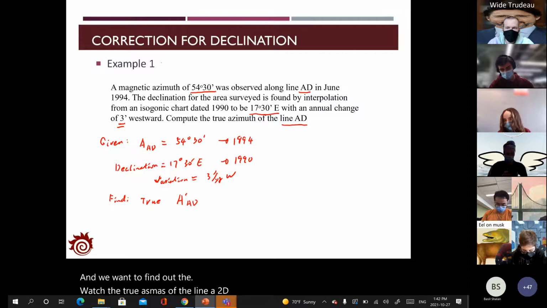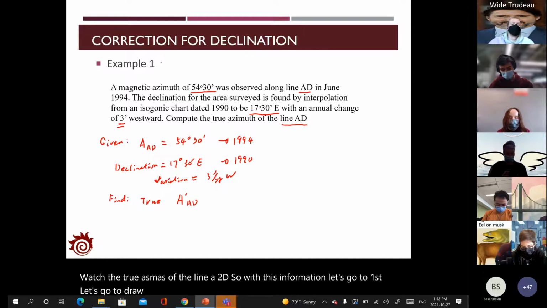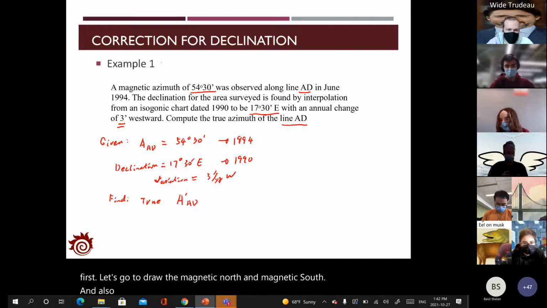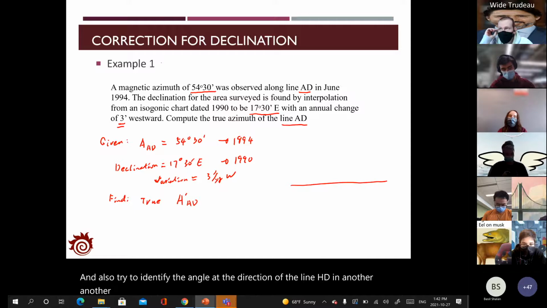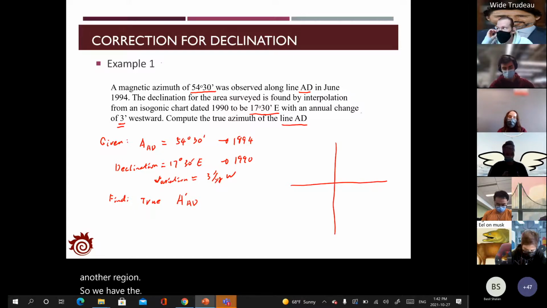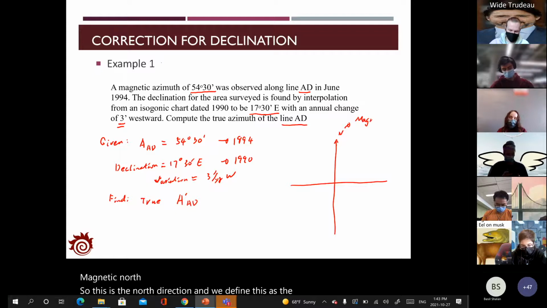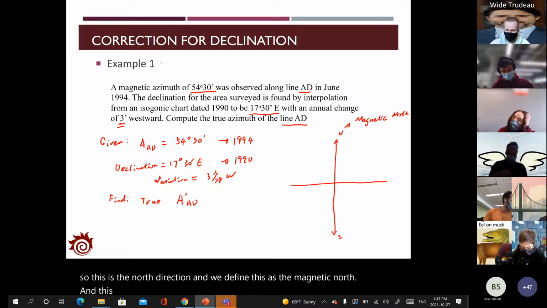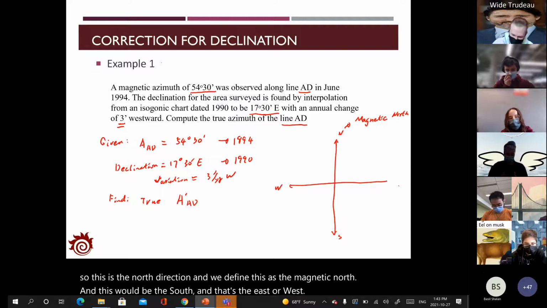So with this information, let's first draw the magnetic north and the magnetic south, and also try to identify the angle or the direction of the line A to D in that region. So we have the magnetic north. This is the north direction, and we define this as the magnetic north. And this would be the south, and that's the east or west, and that's the east.